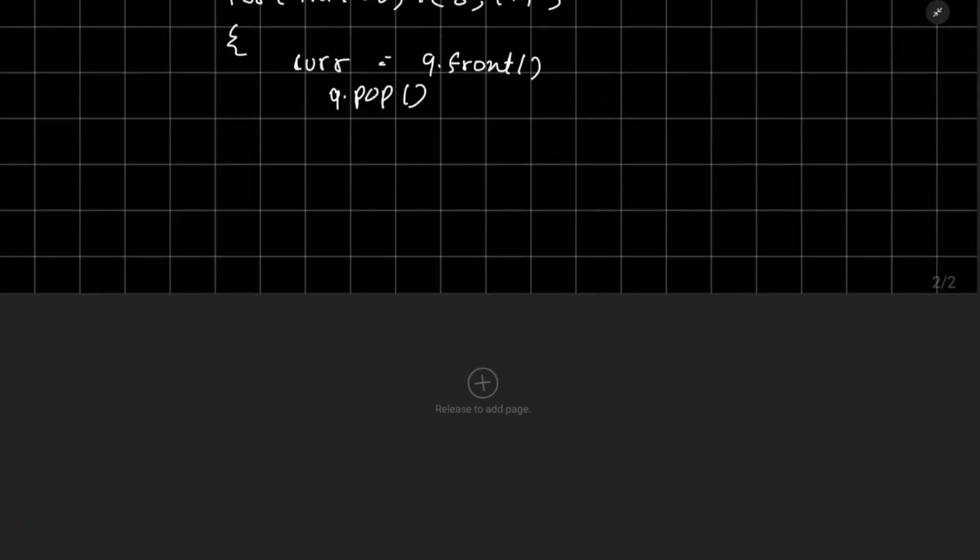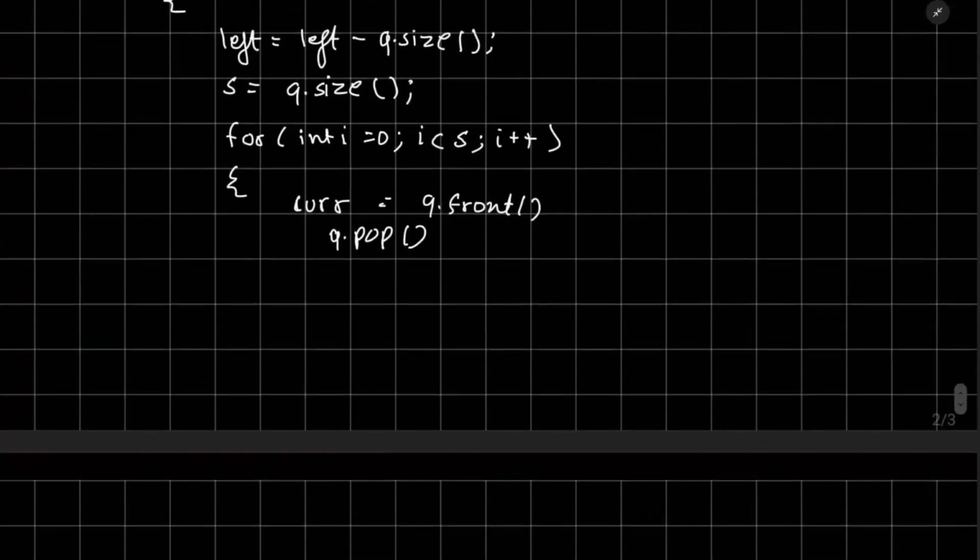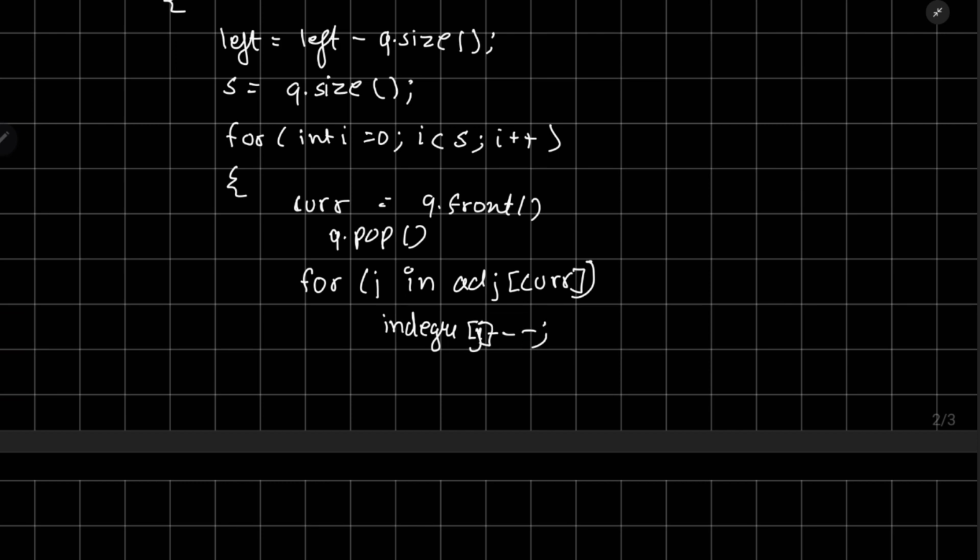So here let's say that we write for j in adjacency list of current, that is the element that we just popped, what we will do is, we'll decrease its in degree of j, minus minus, in degree of j will be reduced, and if the in degree is equal to 1, then we will q dot push j.